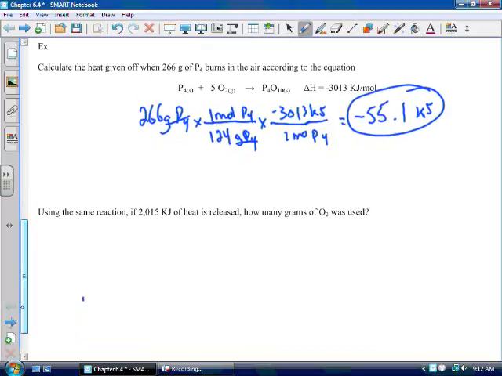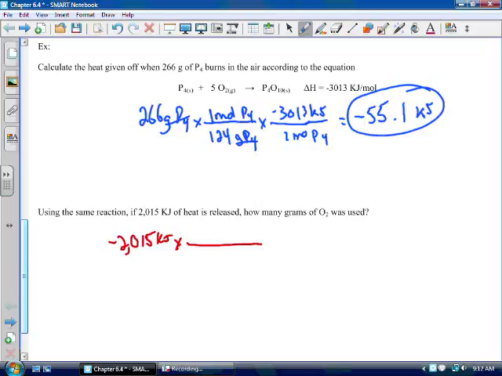So we want to figure out how many grams of oxygen is actually used from the air if we generated 2,015 kilojoules of heat. So in this problem, we start with negative 2,015 kilojoules were generated. And again, I'm keeping the sign because I know it's being released. To get from kilojoules to grams, I'm simply going to work in reverse what I just did.